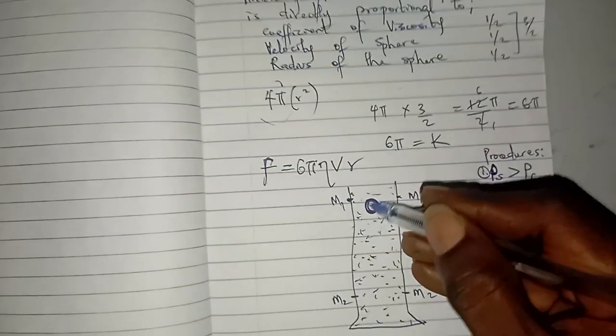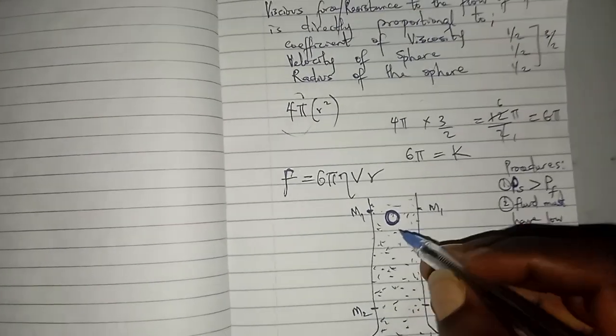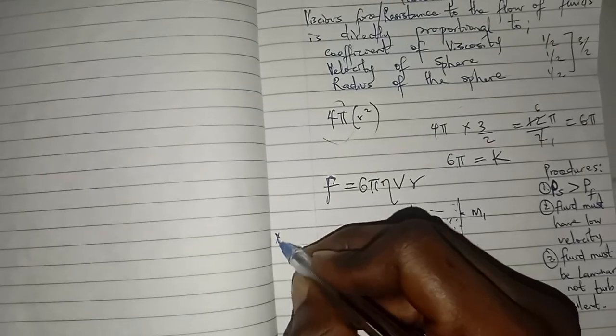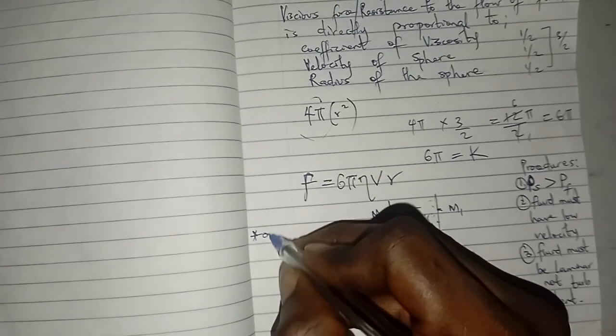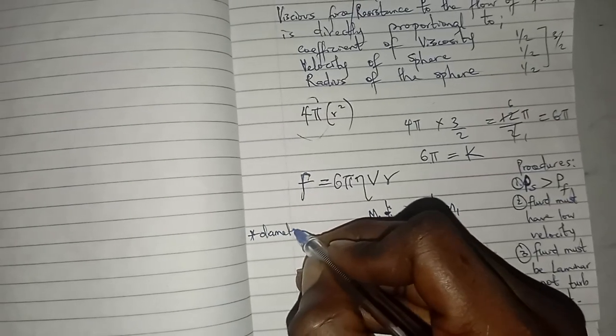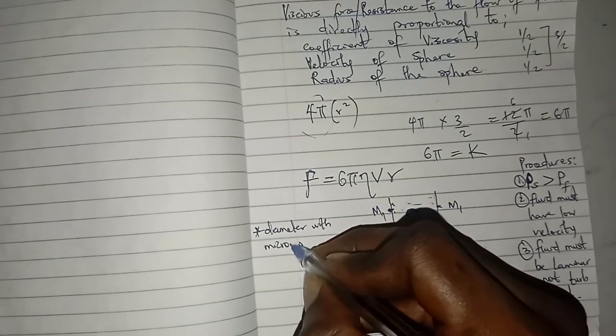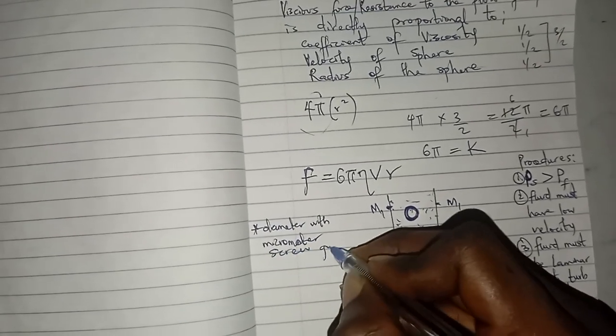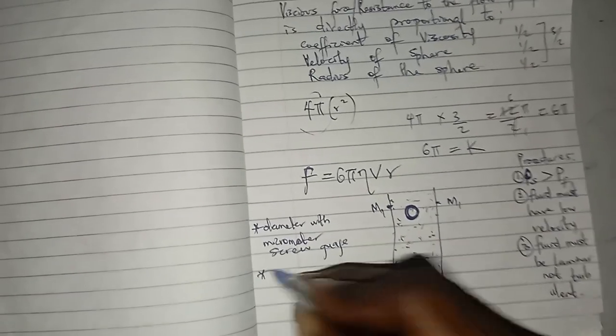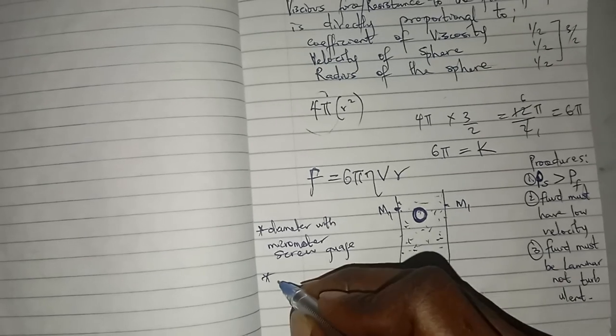Now, before you even put this sphere of known density, you measure the sphere's diameter with a micrometer screw gauge, and you measure this particular cylindrical jar that is very big.